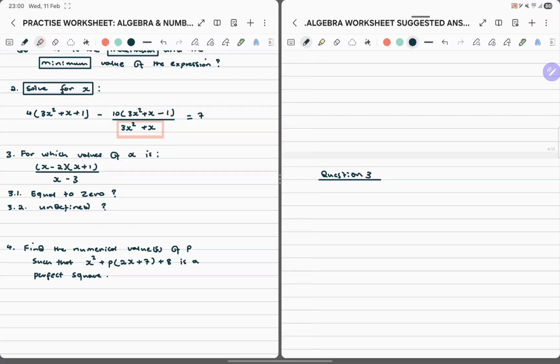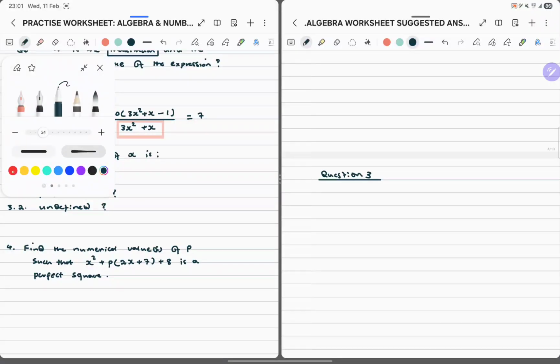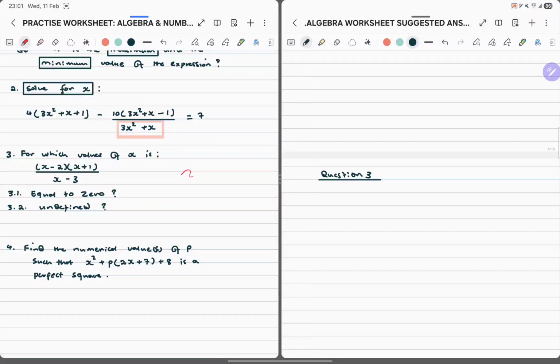So we're told here, for which values of x is this rational expression equal to 0. Now when we've got a fraction, let's talk notes now. Guys, please master these things. When we've got a fraction a over b, and this must be equal to 0, what does it mean?